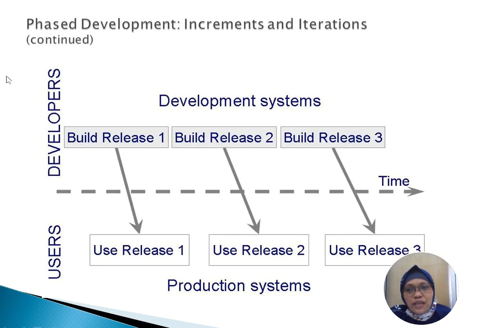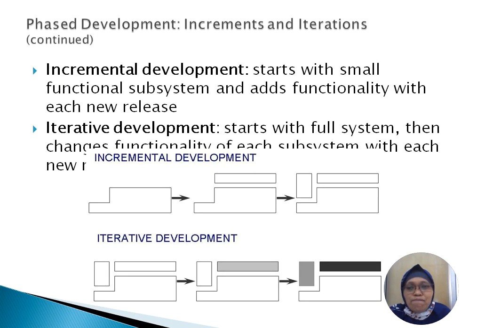So as developers, we must build the release step by step, like phased development. If we use some software today that has releases or versions, the new release is an example of phased development. That could be incremental or iterative.